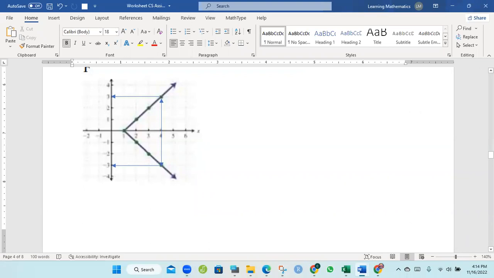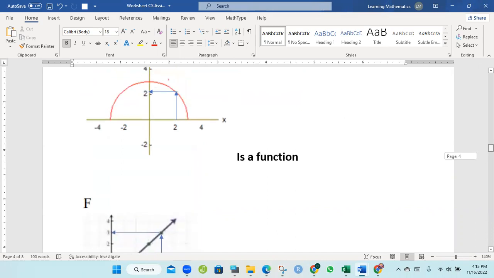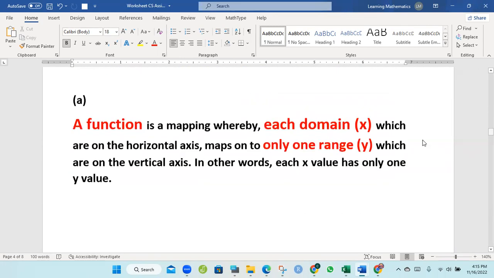So we're going to test to see if f is a function. So we choose x equal 4. This is 1, 2, 3, 4 for x equal 4. So we test to see how many y's does x equal 4 have. X equal 4 has a y of 3 and also maps onto a y of -3. So 4 maps onto 2 y's. Now remember, to be a function, each x must map onto only one y.